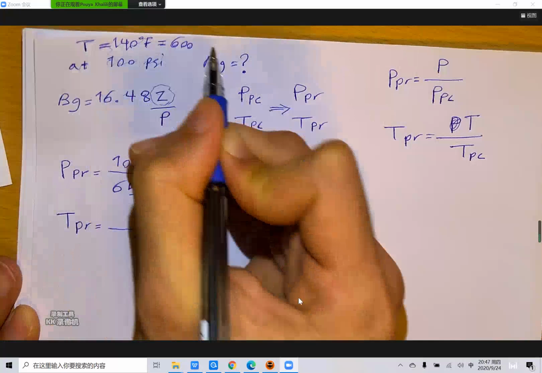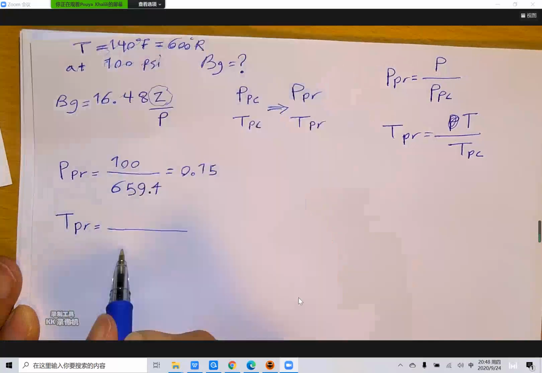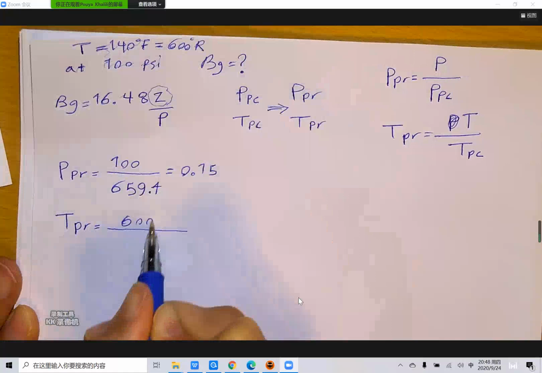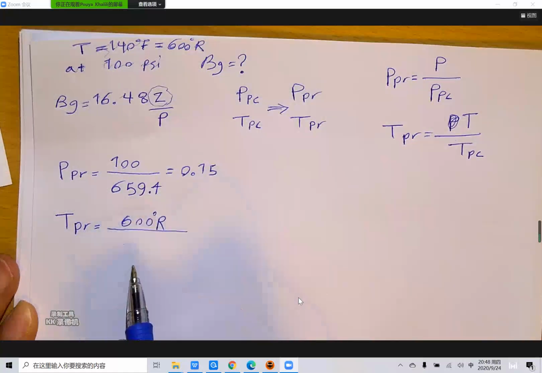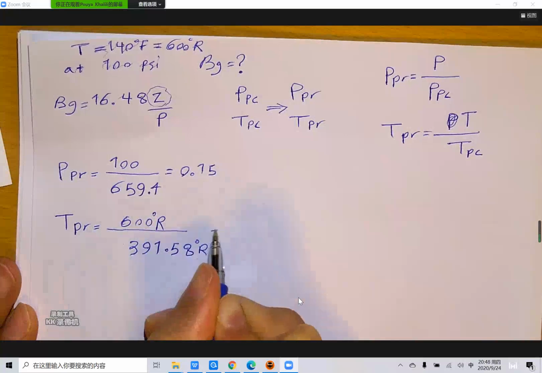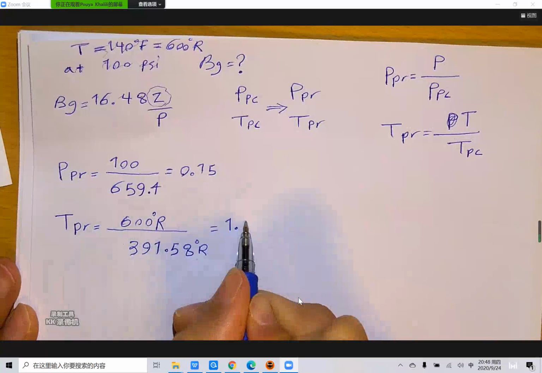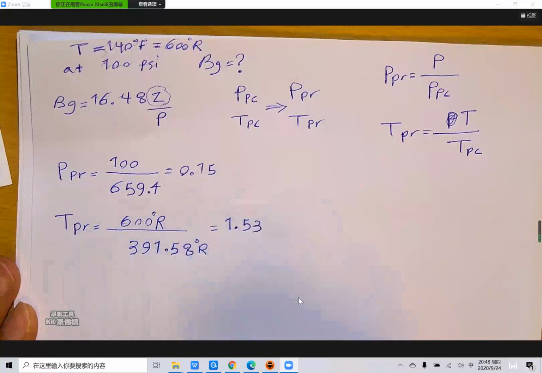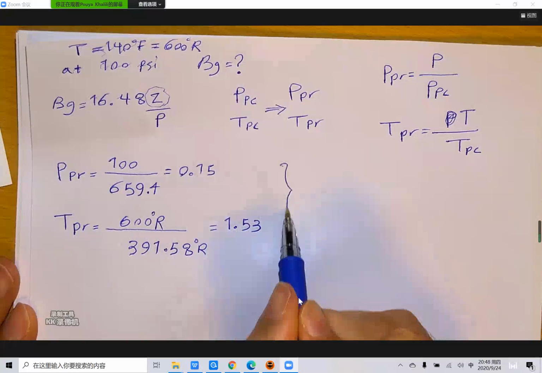So here, over the pseudo-critical temperature. So now we have the pseudo-reduced properties.